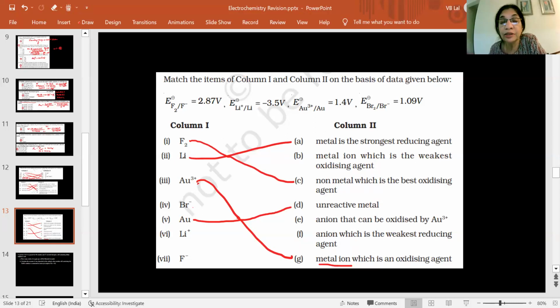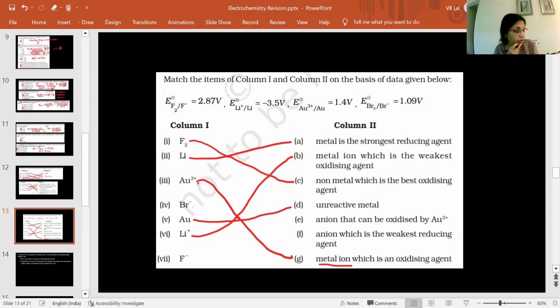Then Li+, a metal ion which is a weak oxidizing agent, right? Li+ is a metal ion. It is a strong reducing agent and a weak oxidizing agent. F minus is an anion that can be oxidized by Au3+. If it can be oxidized, it must gain.